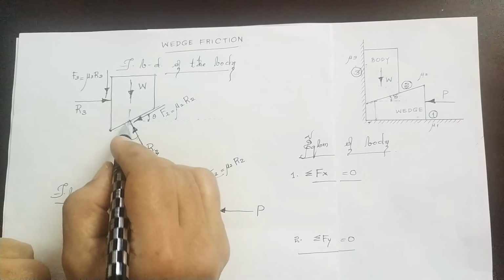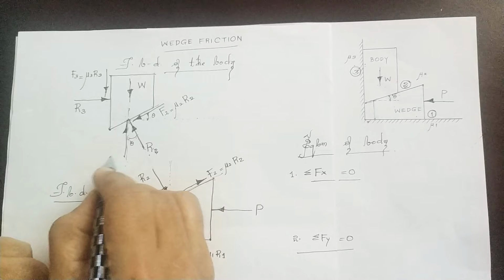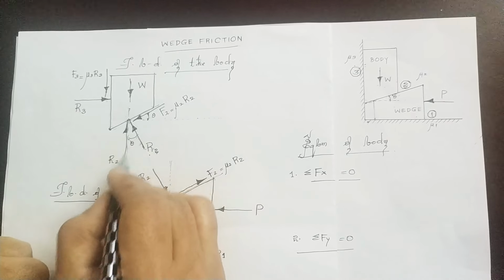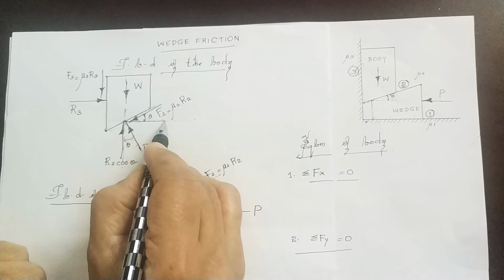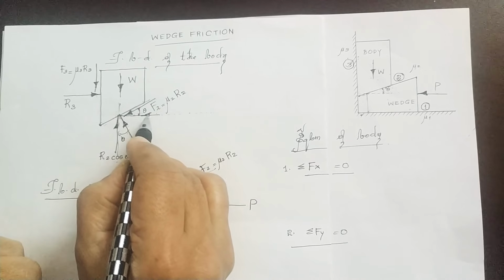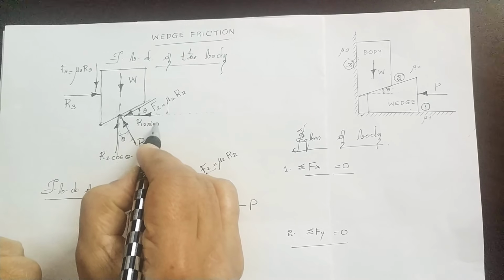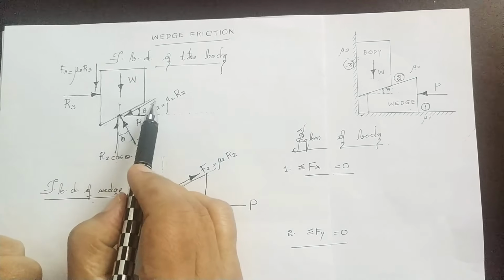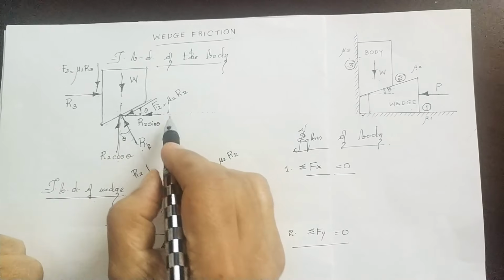Since this is R2, the vertical component would be upwards, and this would be R2 cos theta. And the horizontal component would be R2 sin theta. Now for F2 or mu2 R2, this angle is theta.